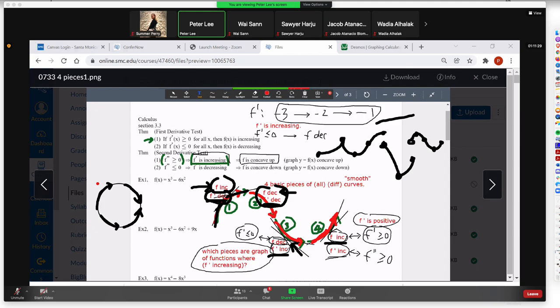So how does this graphing chart look? Let me erase this part here. Okay, now I'm going to create a chart.